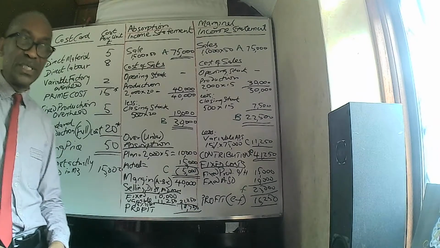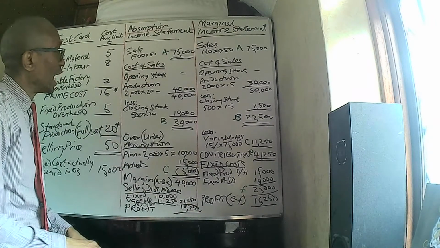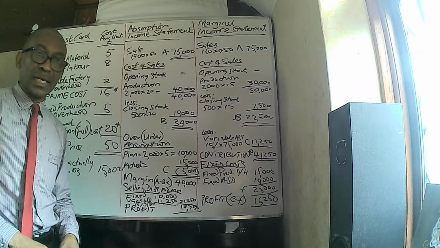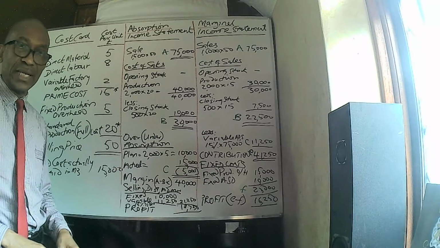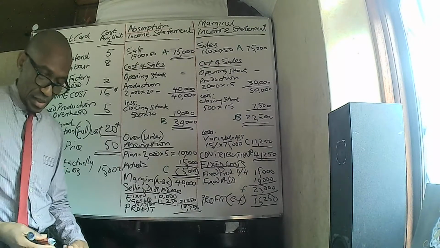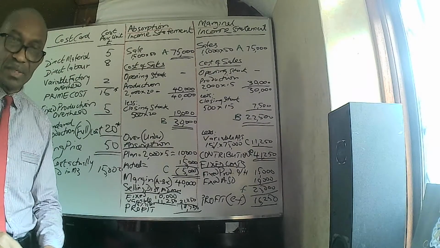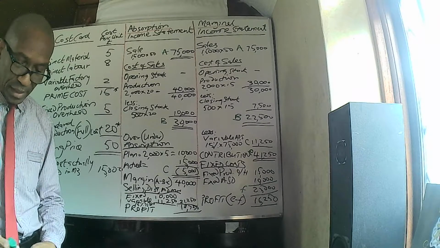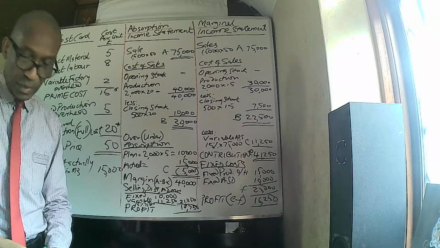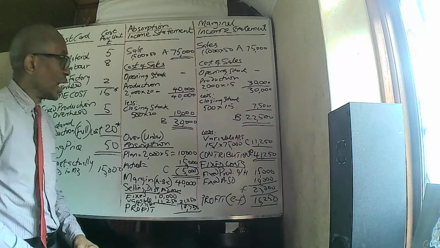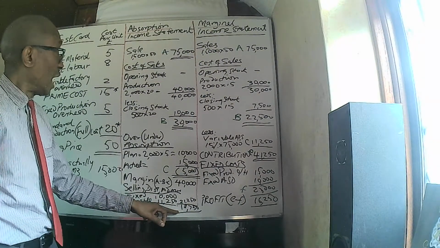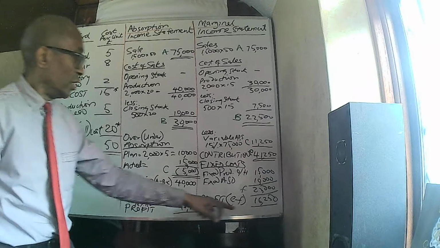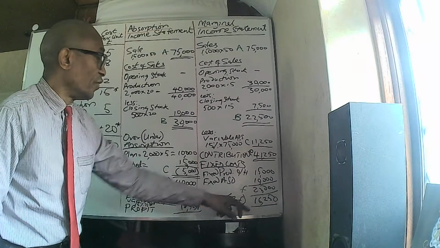Okay, I hope these are the steps I took, and I hope they are clear. If not, go over it again, play the video as many times as you need to get it right. Practice makes perfect. So under absorption 18,750, under marginal costing 16,250.